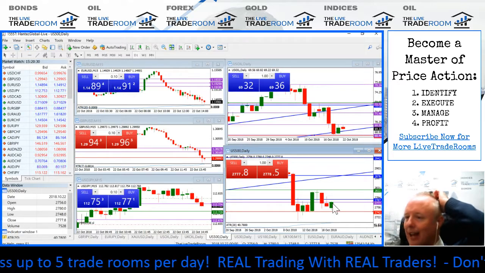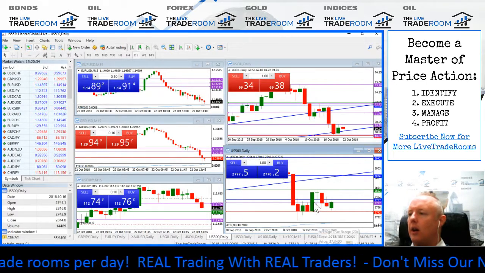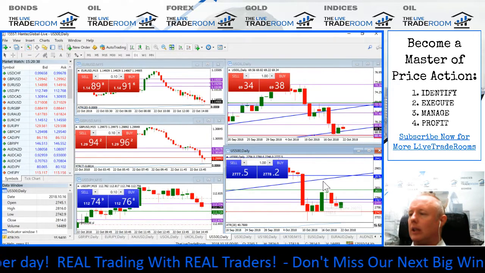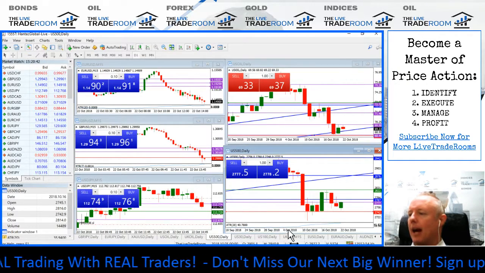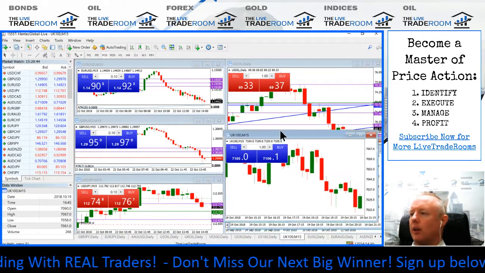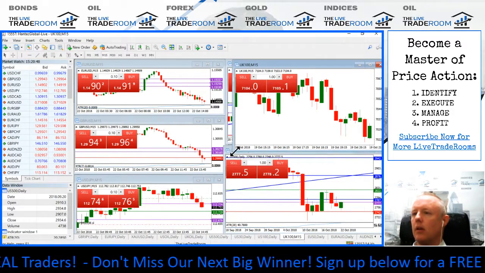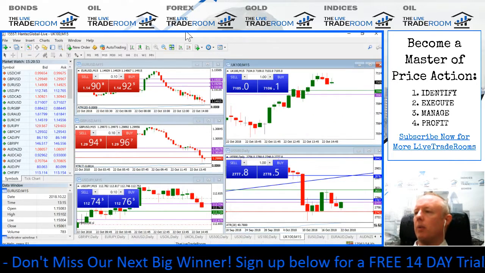We're kind of at that level as we speak. We'll keep a close eye on that yen trade, and the final market really, which we look at the top right hand corner of the screen, is the FTSE 100.